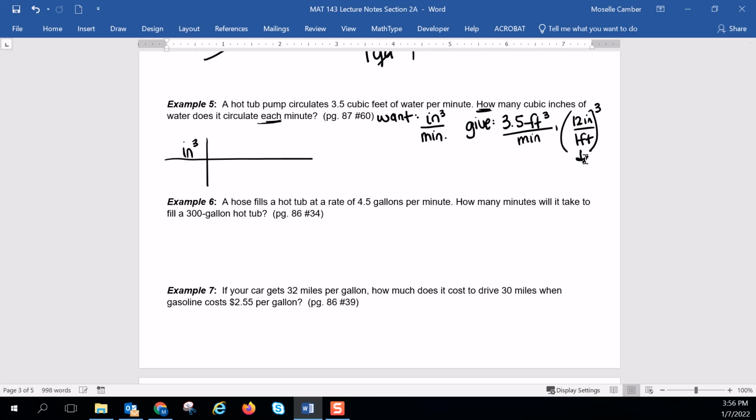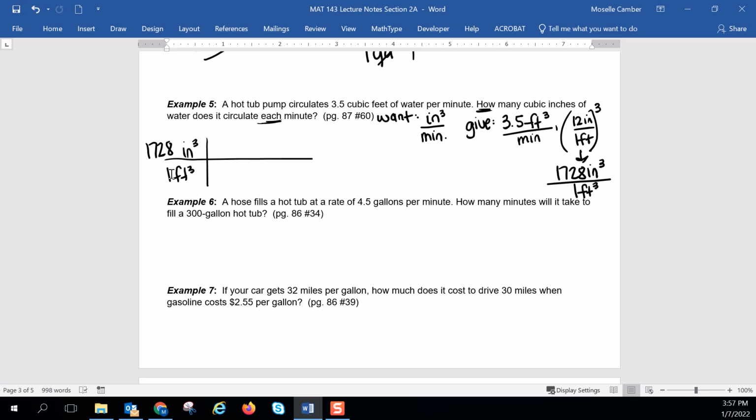So this becomes 12 cubed, which is 1728 cubic inches. And then 1 cubed is 1 cubic foot. So this is the conversion we're going to use. So I have 1728 with my inches and 1 cubic feet.